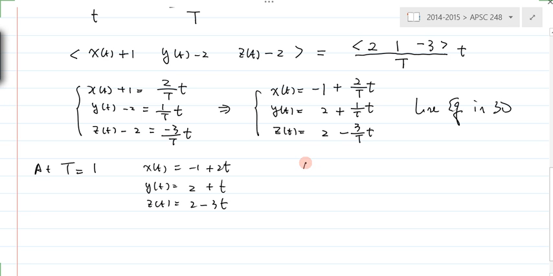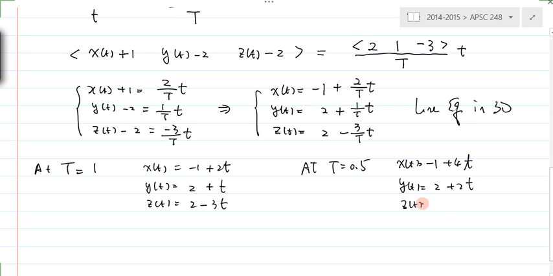Now if I try another one, let's say capital T equal to 0.5. Try 0.5 here. So I will have another set of equations now. This is -1 plus 4t. And y of t equal to 2 plus 2t.